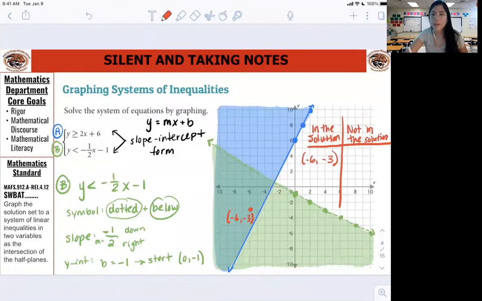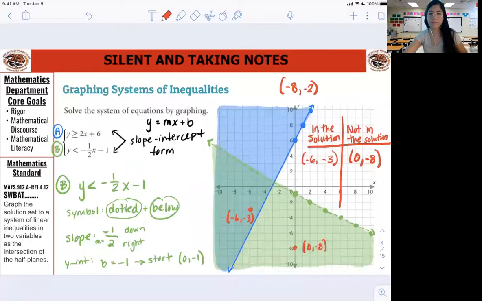Okay. In the chat, I'm seeing 0, comma, -8. Is that one in or out? Out. Good. 0, comma, -8 is down here. That one is only part of the green, not part of both. So that one's out. What about, I'm seeing it in the chat, -8, comma, -2.